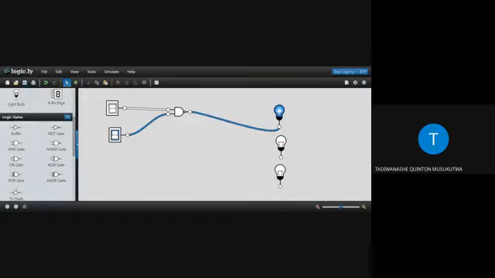A 0 and a 1 through an AND gate, sorry, a NAND gate, will turn to true. Do you understand this explanation? Yes.